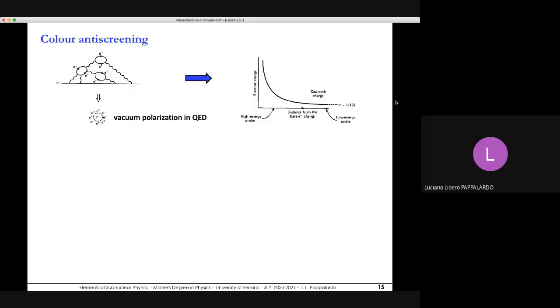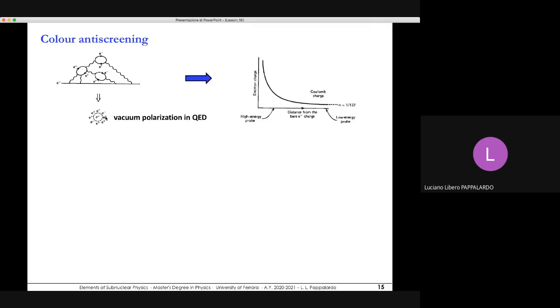Now, let me recall again the vacuum polarization in QED. As we studied in QED, at any time an electron can radiate a photon, which can be reabsorbed, or the photon can create an electron-positron pair. Each of those can create further photons, which can split again, etc. So at the end, if you remember, the net result is that your original electron is surrounded by a cloud of virtual electrons and virtual positrons.